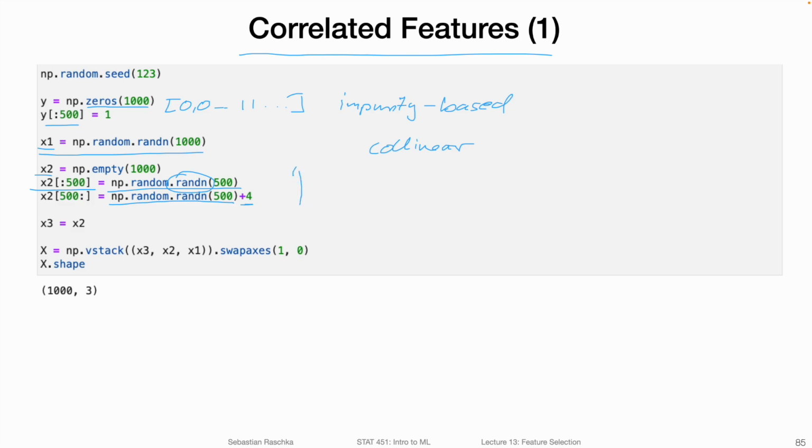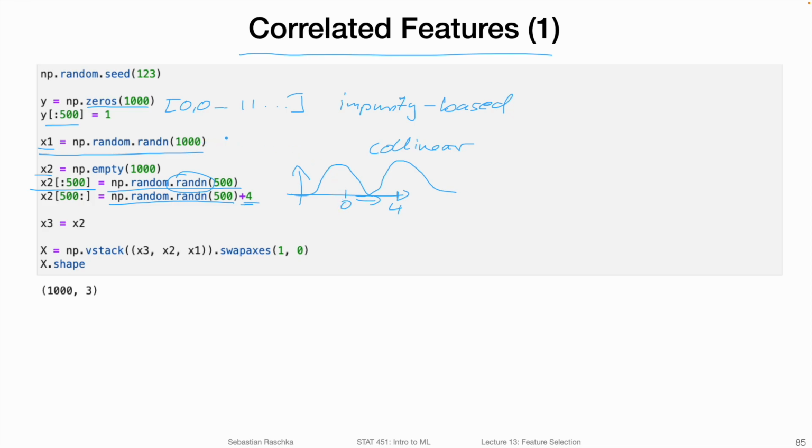If we visualize that as a histogram or a density plot, with a 0 here, it would look like this, and then we have the 4 here, it would look like this. We have two different normal distributions. One is shifted by the value of 4. The mean is shifted to the right by 4 units.